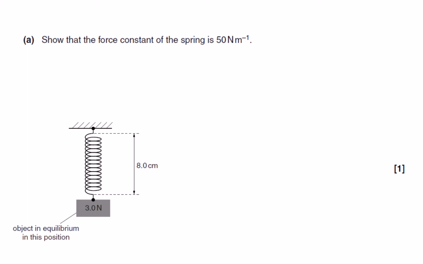Let's just get my pen ready. So we should know that the force is directly proportional to the extension, and that constant of proportionality is the force constant. So if I rearrange that, my force constant is going to be my force divided by the extension.